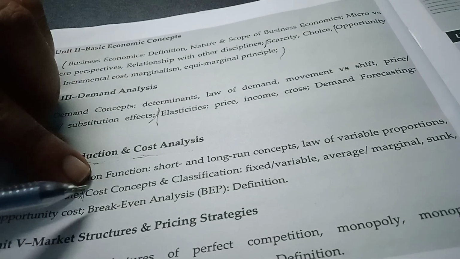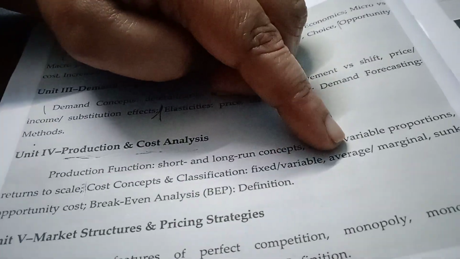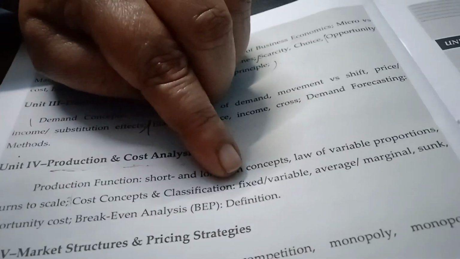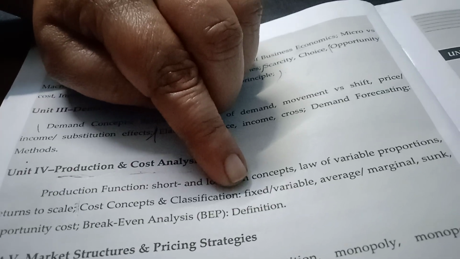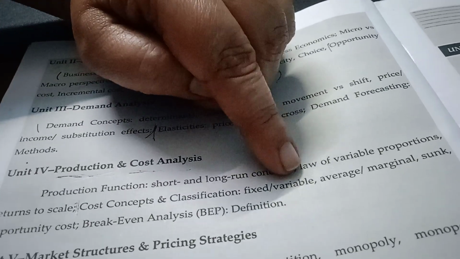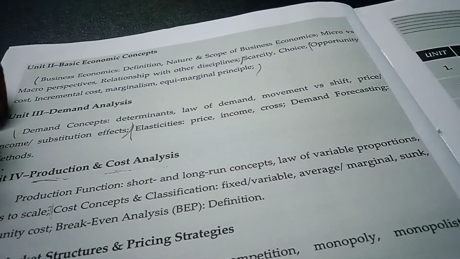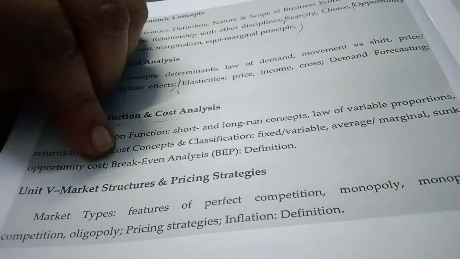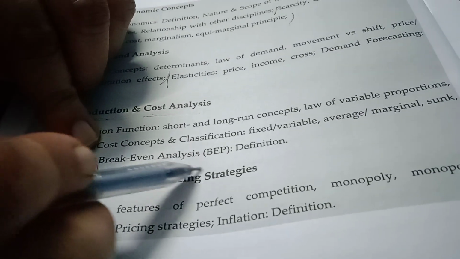The second half starts with cost analysis. The most important expected question here is classification of cost, which we also call types of cost. Similarly, the relation of marginal and average cost, and break even analysis is the most important and expected question.